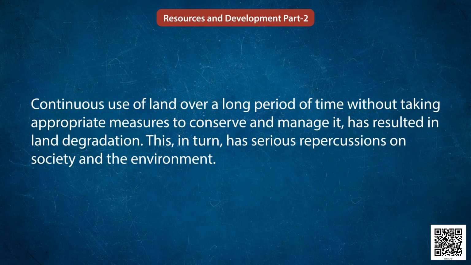Continuous use of land over a long period of time without taking appropriate measures to conserve and manage it has resulted in land degradation. This in turn has serious repercussions on society and the environment.